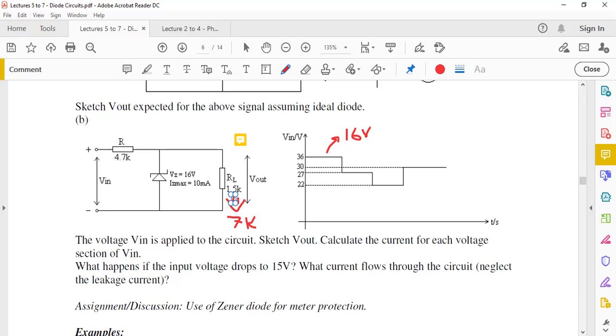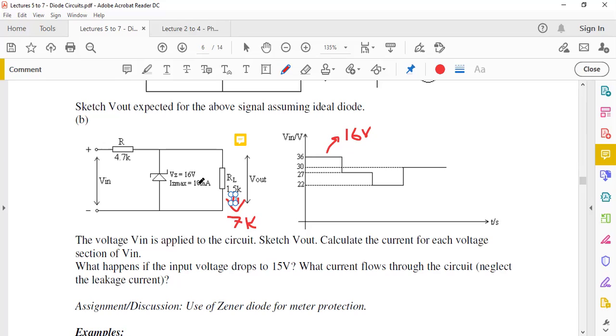So like we've done in the previous case, if you have now 36 volts being applied and you have 16 volts across your diode and your resistor RL, the remaining is 20 volts, and then you divide that by 4,700, you get the current of 4.2 milliampere. So if 4.2 milliampere is flowing here, there's no reason why this current would exceed 10 milliampere.